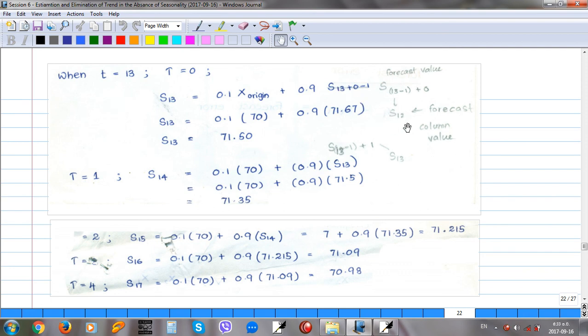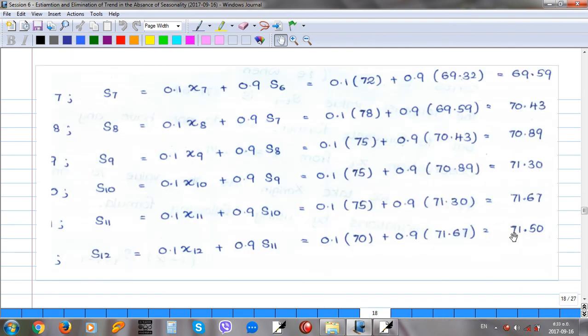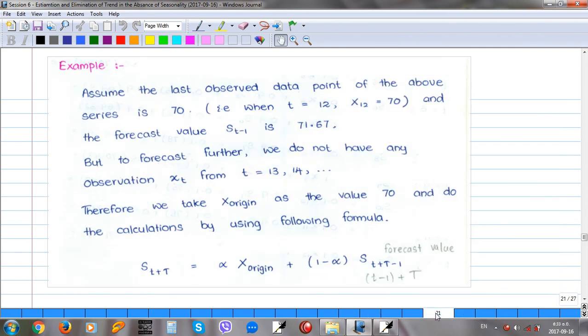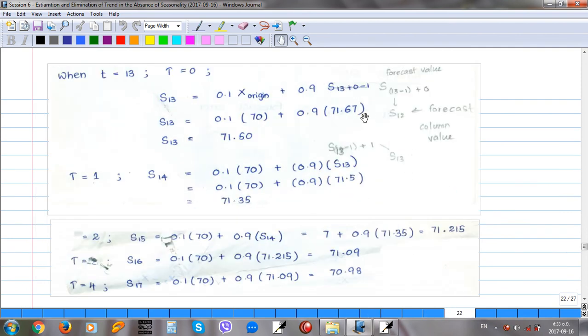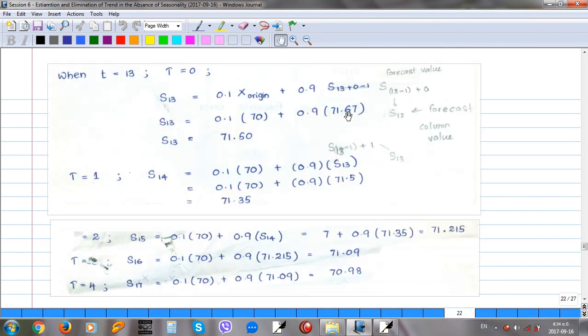So you have to take s12 from this table. The forecast value st minus 1 is given as 71.69, so you have to substitute 71.69 here. Then you can find this one.